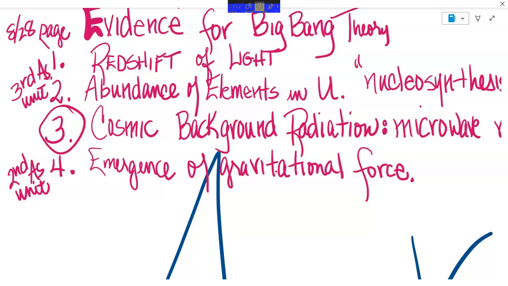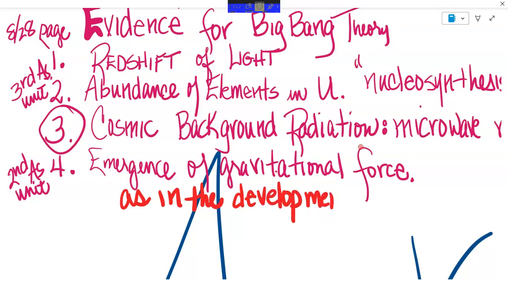Now, one of the videos added another evidence for the Big Bang Theory, in that when matter started pulling itself together and we started developing solar systems, that indicates the emergence of the gravitational force that had not existed before. And we know there are many solar systems.